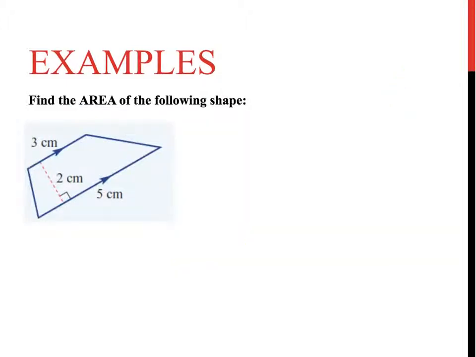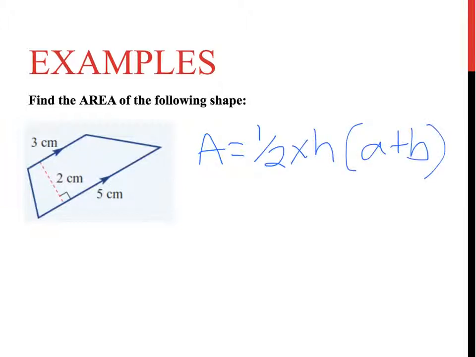Let's have a look at a trickier shape. This one is a trapezium. I know my formula for a trapezium is area equals half of my height, A plus B. So if you look at your formula, that would be subbing in. My height is this guy here, 2 centimeters. Half times 2.